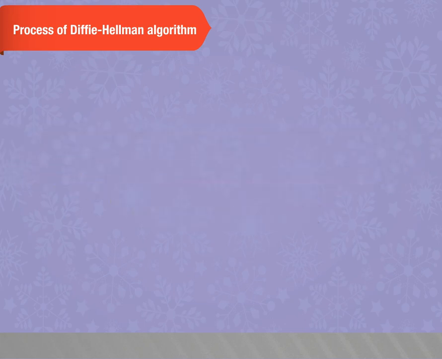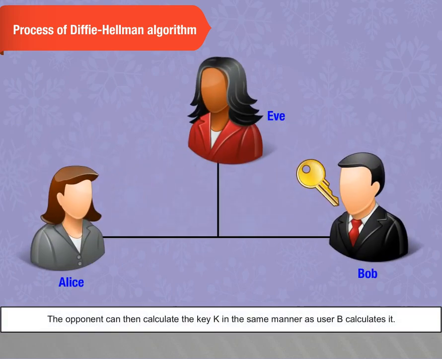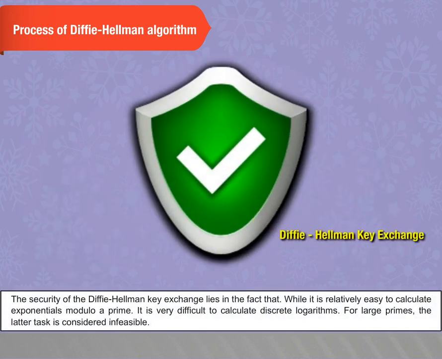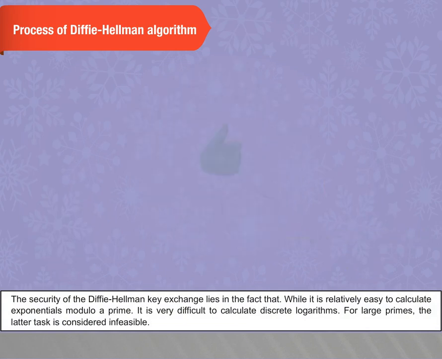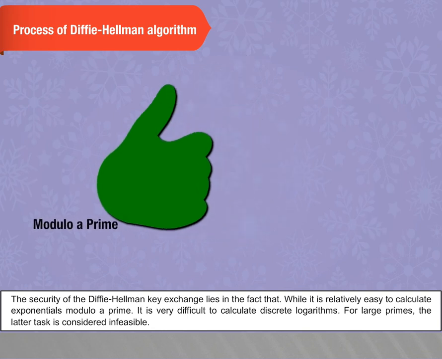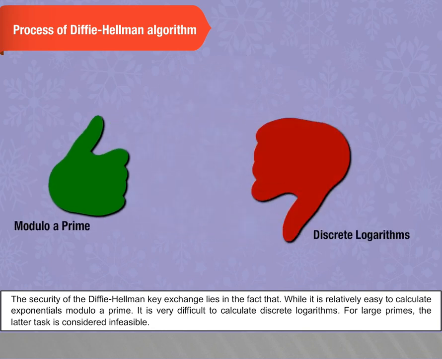The opponent can then calculate the key K in the same manner as user B calculates it. The security of the Diffie-Hellman key exchange lies in the fact that while it is relatively easy to calculate exponentials modulo a prime, it is very difficult to calculate discrete logarithms. For large primes, the latter task is considered infeasible.